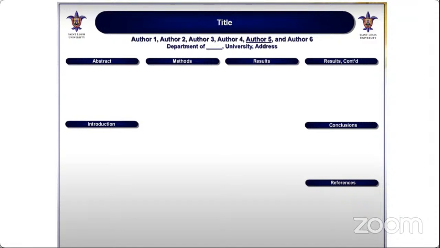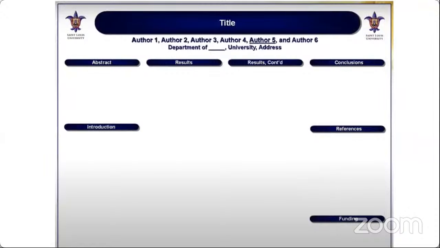So for example, if my work does not involve a lot of methods, then I can use a lot of area for results to discuss results, and I can eliminate the abstract completely and then move the methods down here and do all sorts of things that I want in my poster. So it is in fact my poster, and within the given real estate, you can change up the organization of the poster to suit your data and to suit your study best, right?